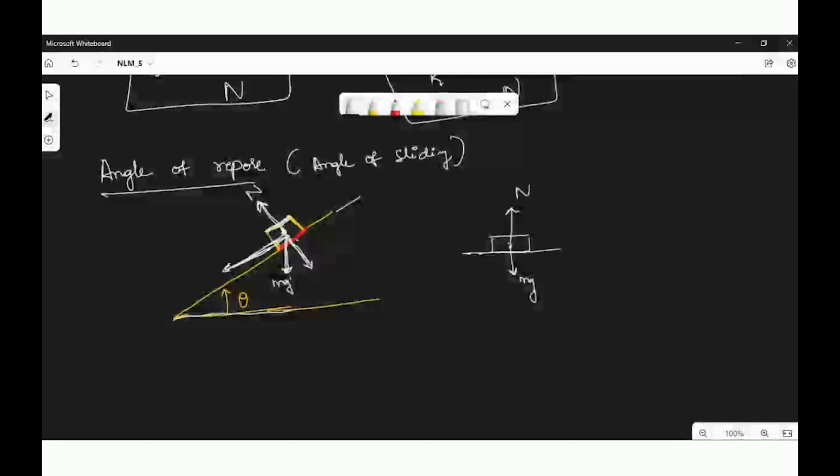Now, the angle between the horizontal line and the inclined surface is theta. Just pay attention. This line and this particular line are perpendicular to each other. That is the line of action of mg, because mg always acts perpendicular to the horizontal surface. And the sliding direction line and the normal line are also perpendicular to each other.